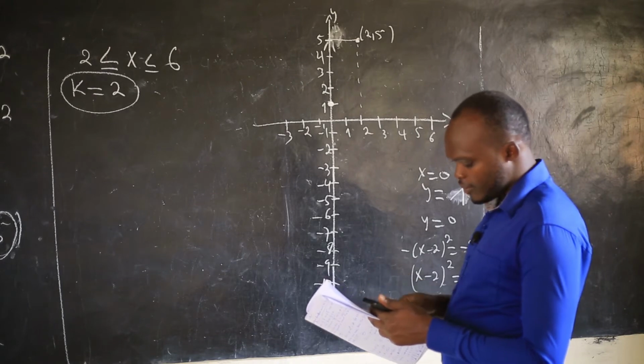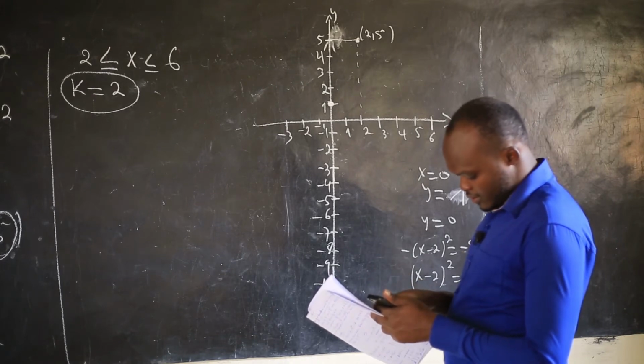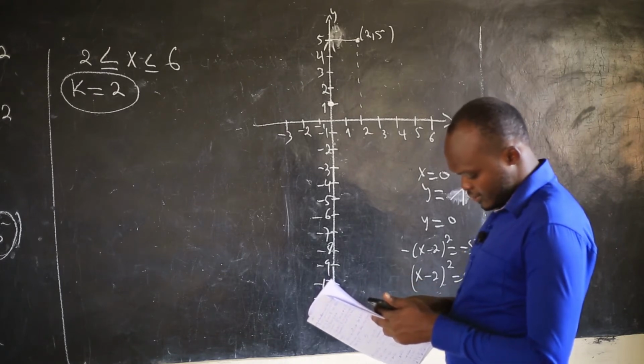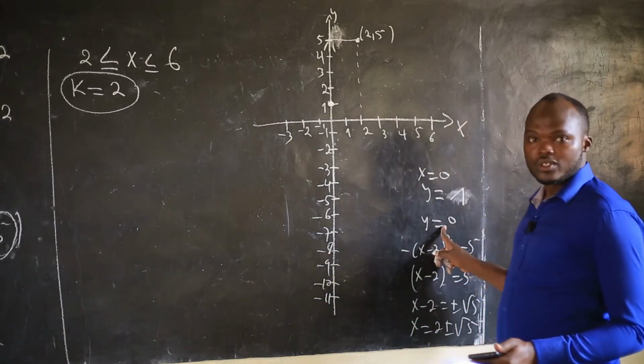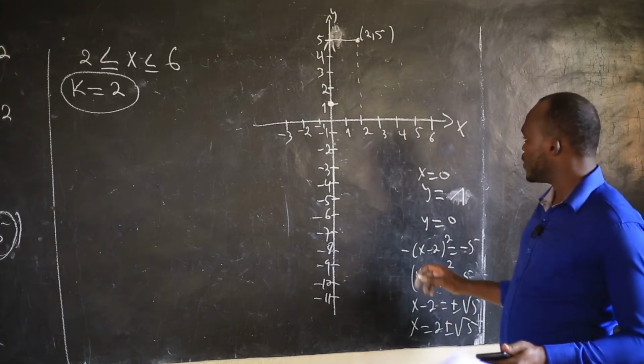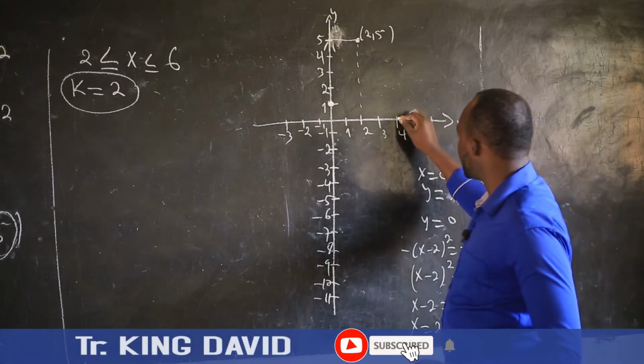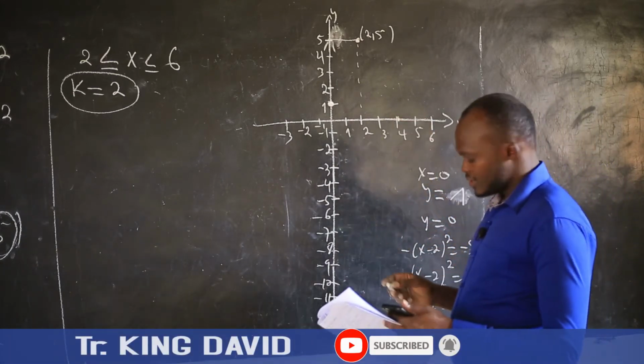Root 5 plus 2, that is 4.2. With y equal to 0, x is 4.2, so it's like here.